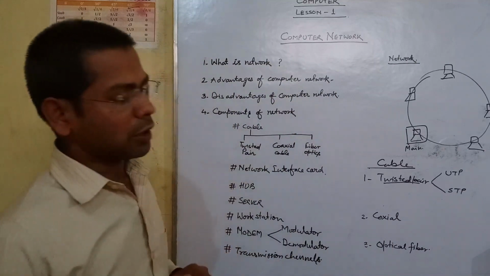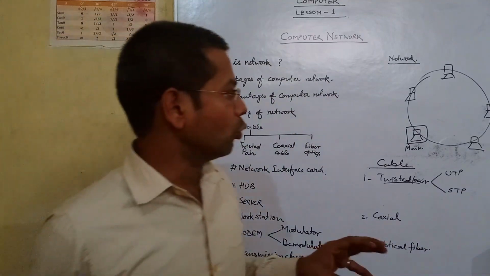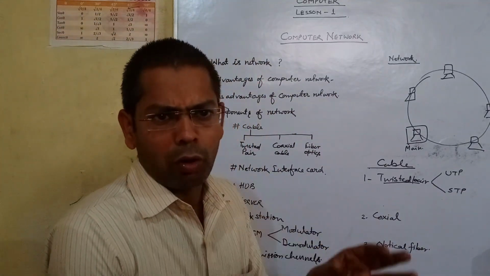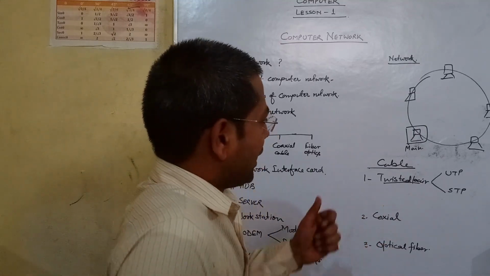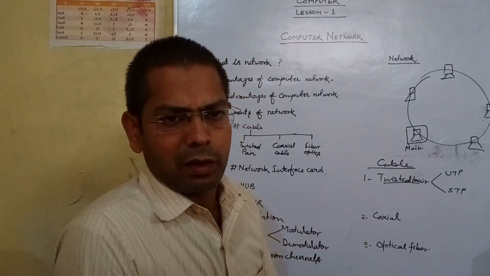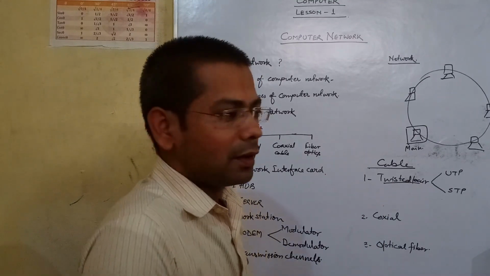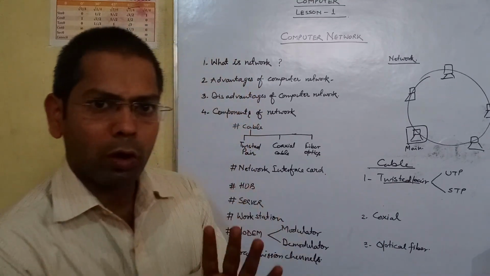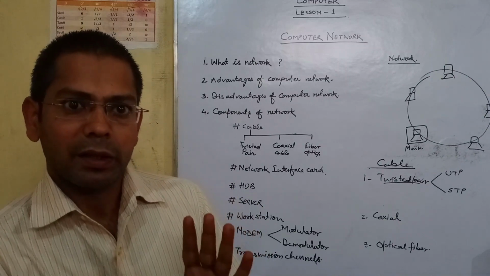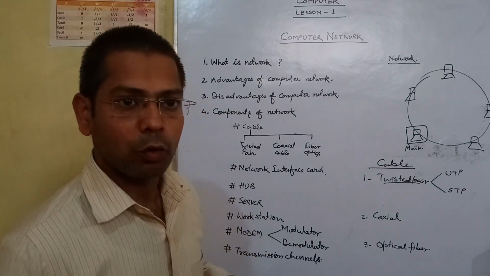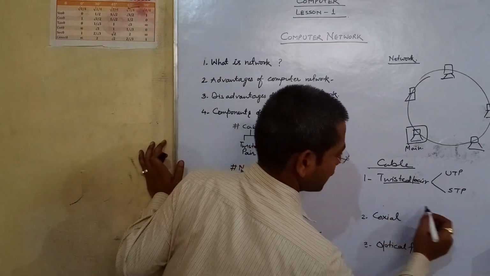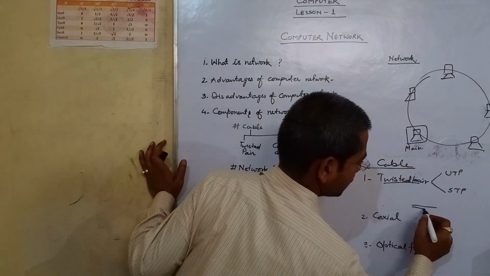Actually, the twisted pair cable is used for very short interconnected computer networks, and it is just like a telephone wire where four color wires are in the form of pairs. There are a total of 8 wires in this form.